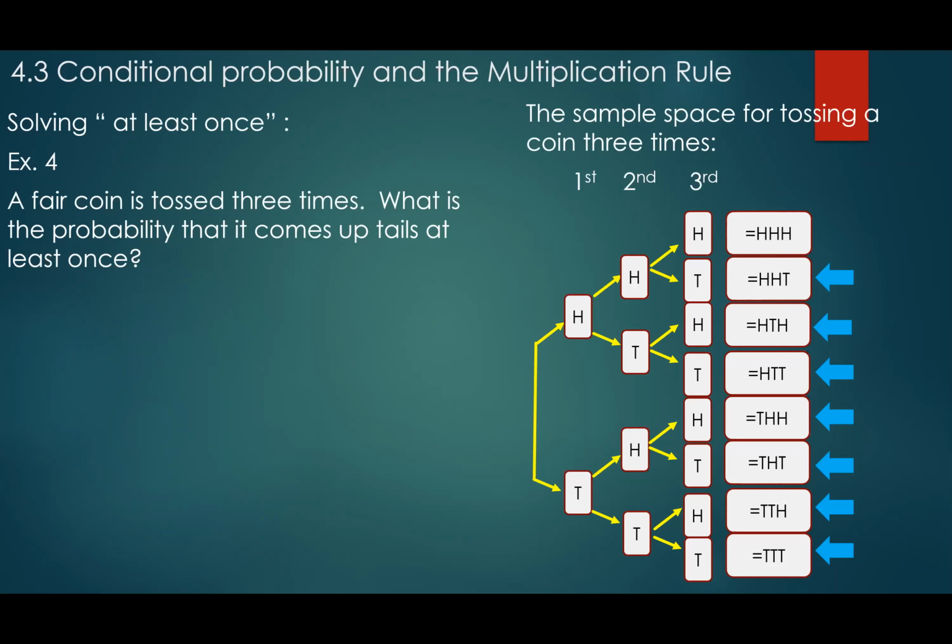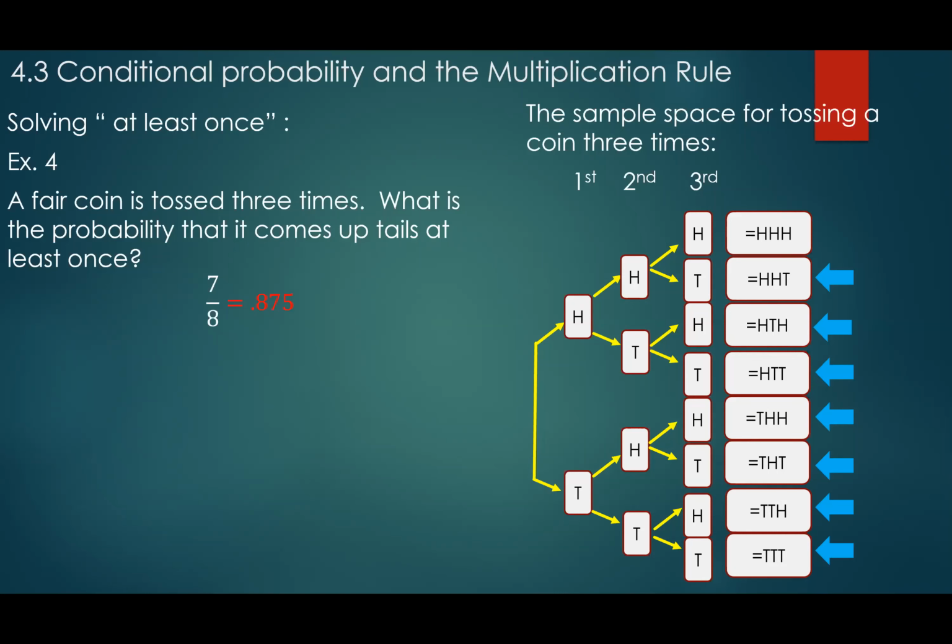So what fits the description of at least 1? If you look at this sample space, easy enough. How many items have at least 1 tail in them? Everybody see that I have 7 items over 8 possible outcomes. So the probability of me flipping the coin 3 times and having at least 1 tail, no matter when the tail comes out, is 7 out of 8.